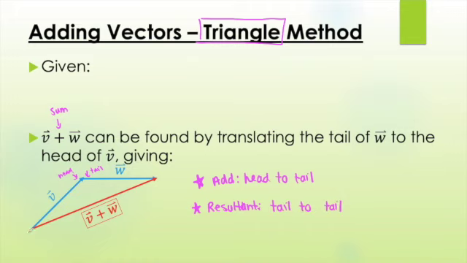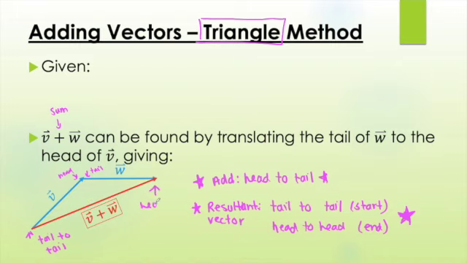It starts tail to tail, so you'll notice tail to tail with the first vector, and then finishes head to head, okay? That is really important. I would like to star these and write that down for when you're doing your homework, because sometimes you get confused on where your final or your resultant vector goes, and you just have to remember you start tail to tail, finish head to head. Okay, you'll get used to that in some of our examples as well.